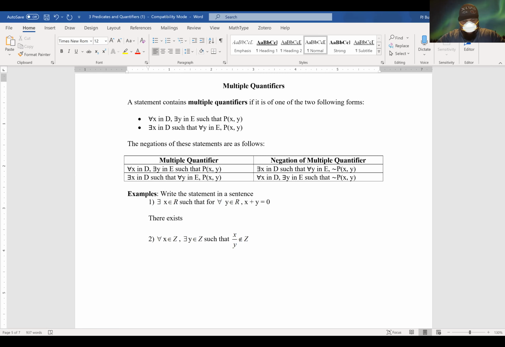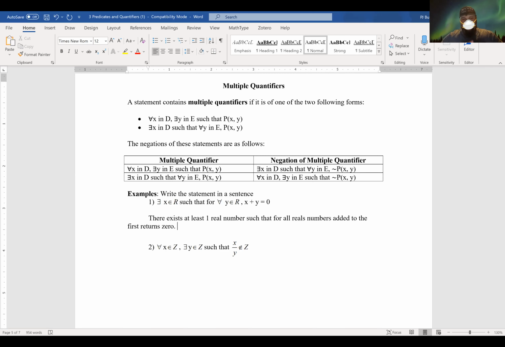So there exists, we can say at least one real number such that, right, we have to include that, for all real numbers y, added to the first returns 0, or you could say yields 0.